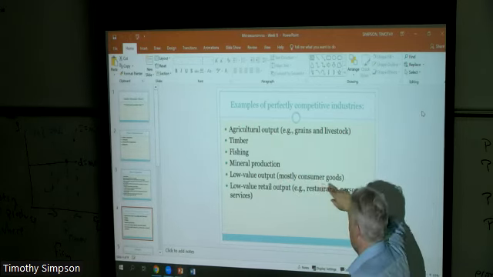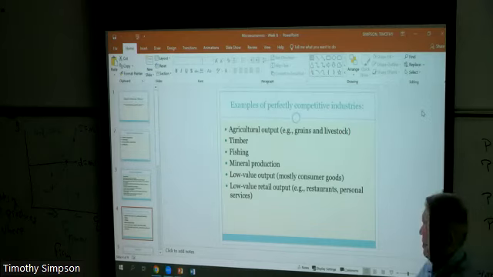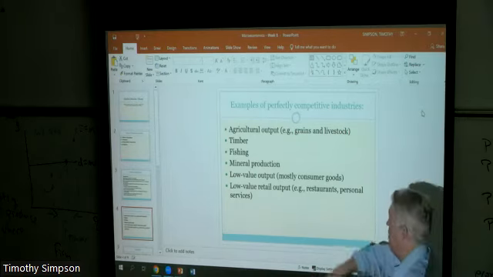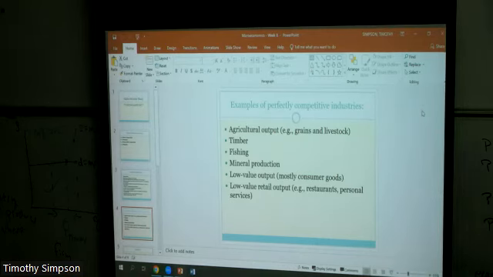And then one area that we haven't really gotten into much is low value output. I elaborated a little bit on this before when we talked about small businesses. A lot of small businesses will produce a lot of low value output, mostly consumer goods, in areas in which you're not doing anything that's too different than others. So you get into this idea of low value retail output: bars and restaurants, personal services like pet grooming, dog walking, house cleaning, where there's not much differentiation.